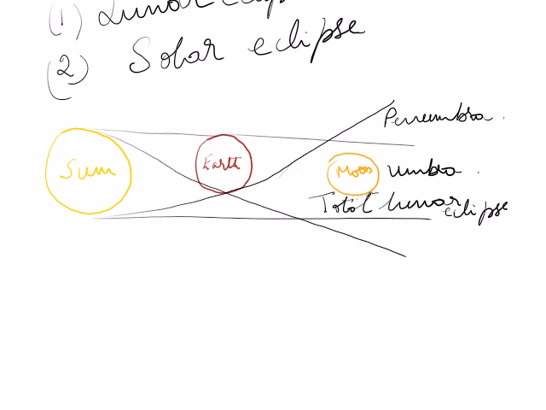Then when the moon slowly comes out of the umbral region and reaches the penumbral region, then we say it is partial lunar eclipse, either here or in this region. When the moon is in the penumbral region of the shadow of the earth, then we say it is partial lunar eclipse.